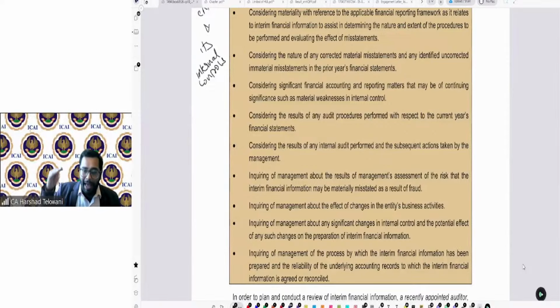If I have a lower level of assurance, then I can accept a higher level of risk. So limited assurance goes with moderate risk, and reasonable assurance with low risk. Higher the level of assurance, lower the level of risk for expressing an opinion or conclusion. That's why a moderate level of risk with a limited level of assurance.